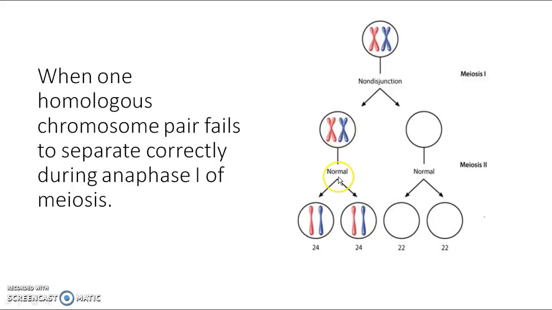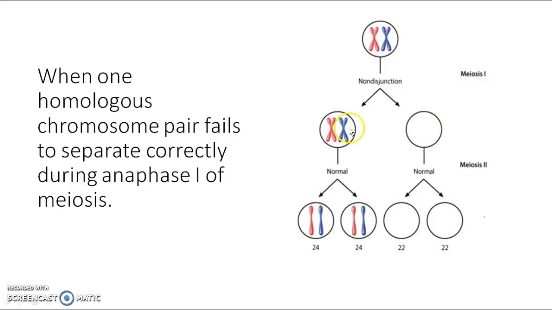So if normal meiosis 2 takes place, both of the daughter cells on this side get one unreplicated chromosome from each of these maternal and paternal chromosomes. And they really should just have one of these rather than 2. So those egg or sperm cells would end up with 24 chromosomes when they should have 23.